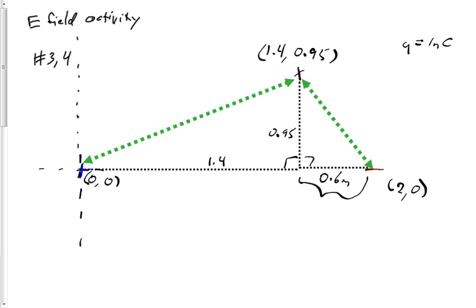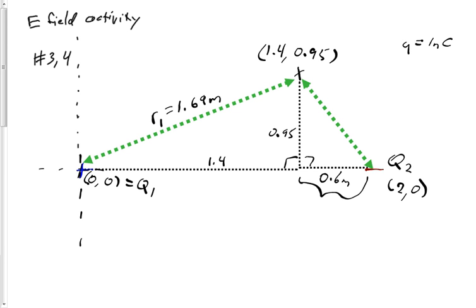All right, so with that in mind, we want to find the distances between the charges. If we go through the Pythagorean theorem, we would find that the length here, let me call this charge 1, and this charge 2, I'll say this is R1 over here, and it is equal to a distance of 1.69 meters.